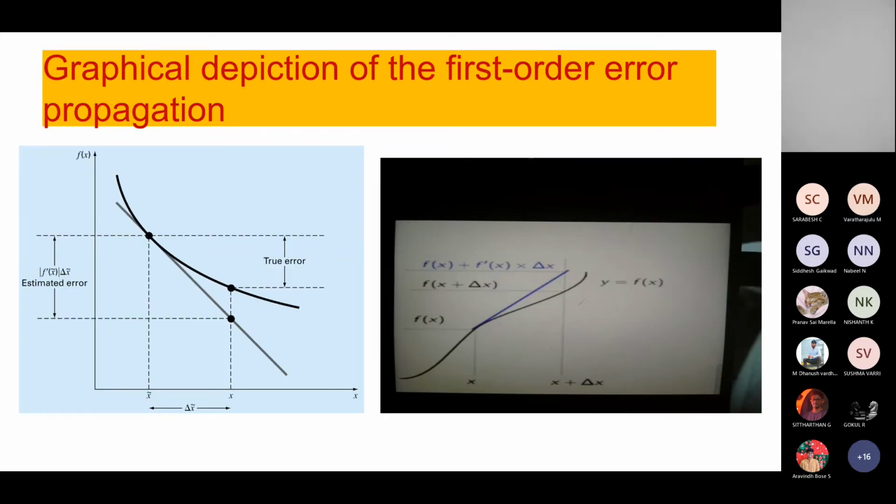Here we see the graphical depiction of first order error propagation. The graph is plotted between f of x and x. The curve represents the function y equals f of x. On the x-axis we plotted x bar and x. Now we have to draw a tangent to the curve.